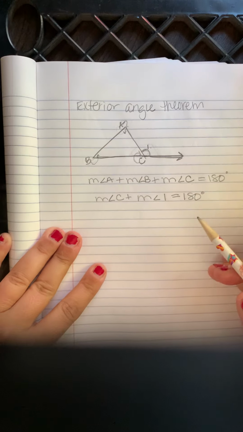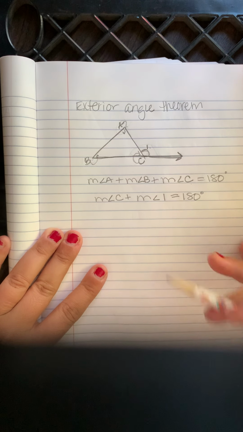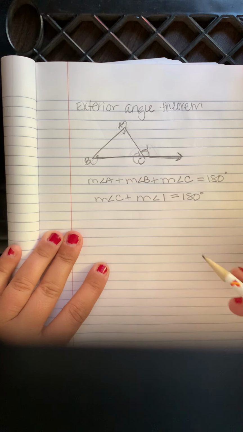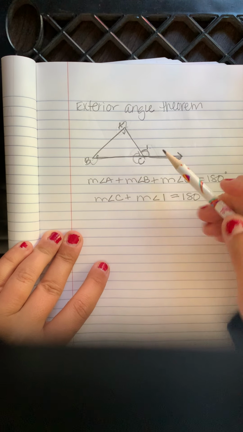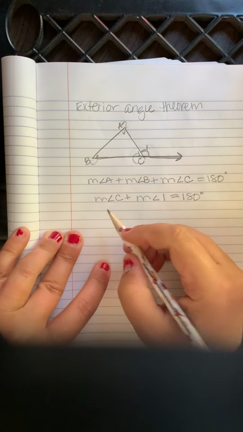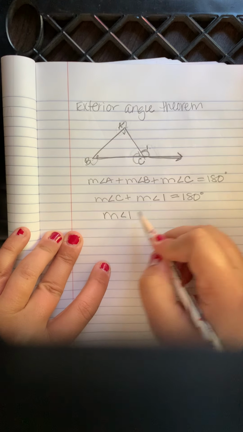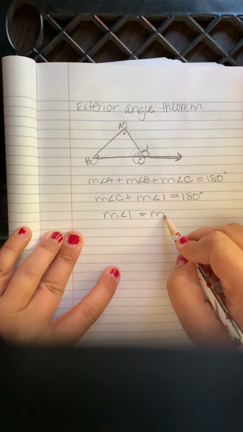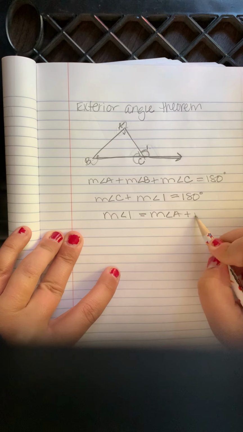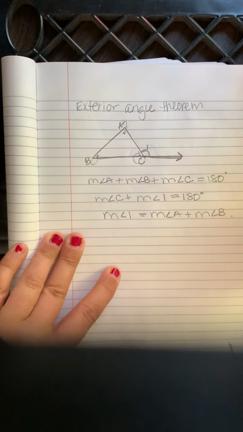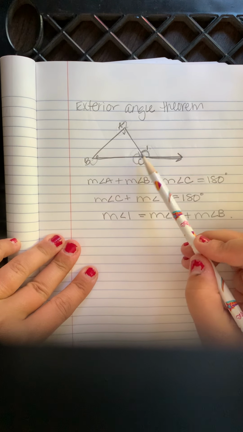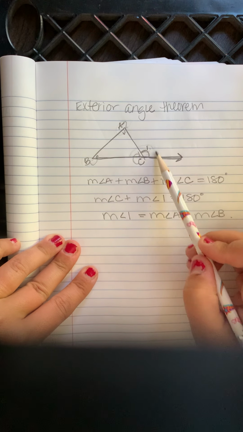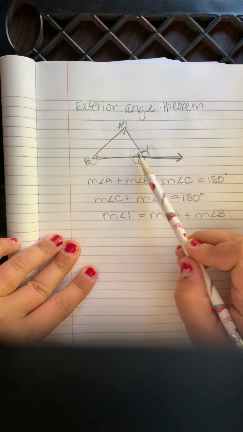So therefore, we can use substitution to determine that the measure of angle 1 has to equal the measure of angle A plus the measure of angle B. So again, if you take a look at this, 1 and C are adjacent.